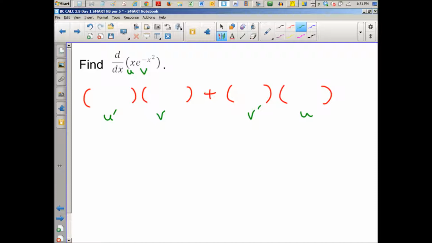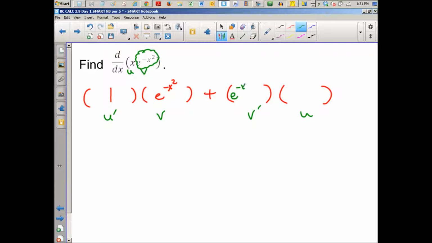So for u prime, that's just 1. V, we just copy and paste it in here. V prime is going to be the toughest. This is your v right here. So what is the derivative of that thing? Well, that's an e to the something. So that would be recycled into the answer.